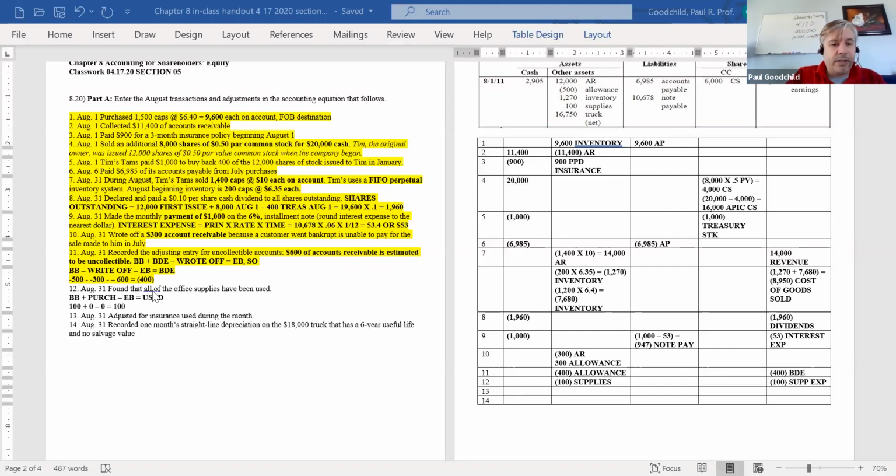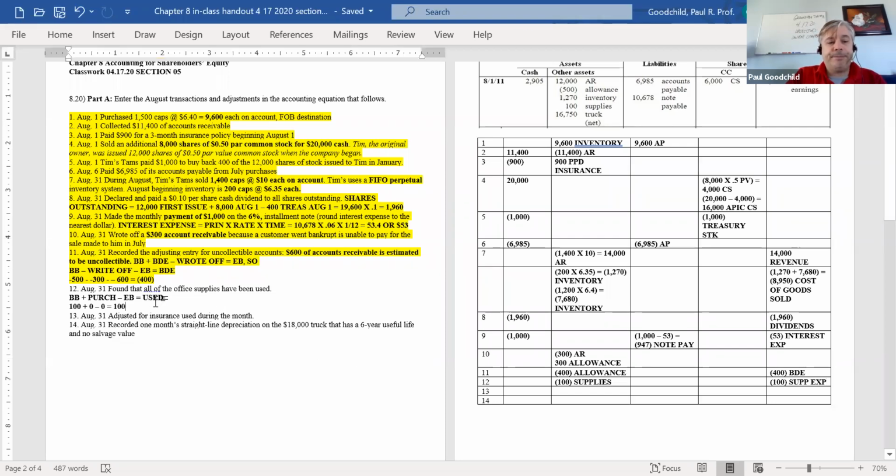I know algebraically I didn't set it up very well, but essentially what you're doing is taking the difference between the 500 and the 900, and it's 400, and because it's an expense, it's negative. Okay, so any questions on 8 through 12? Appreciate that last question. Thank you.